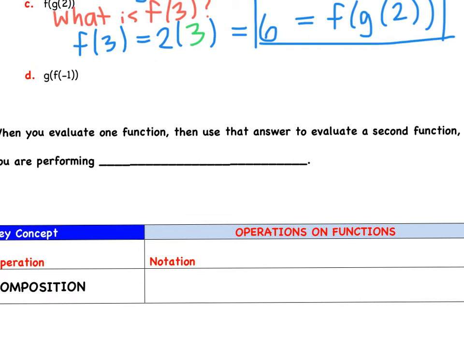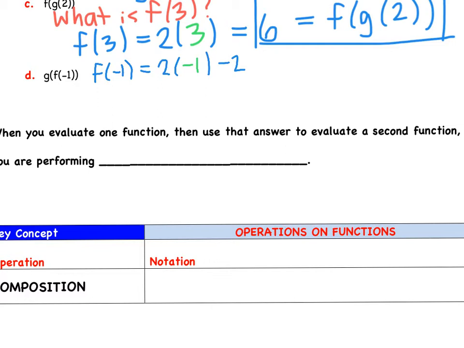Now I'm looking at g of f of negative 1, example D. So I'm going to start from the inside and go out again. So here f of negative 1 equals, substitute in negative 1 for x, 2 times negative 1, which is negative 2.